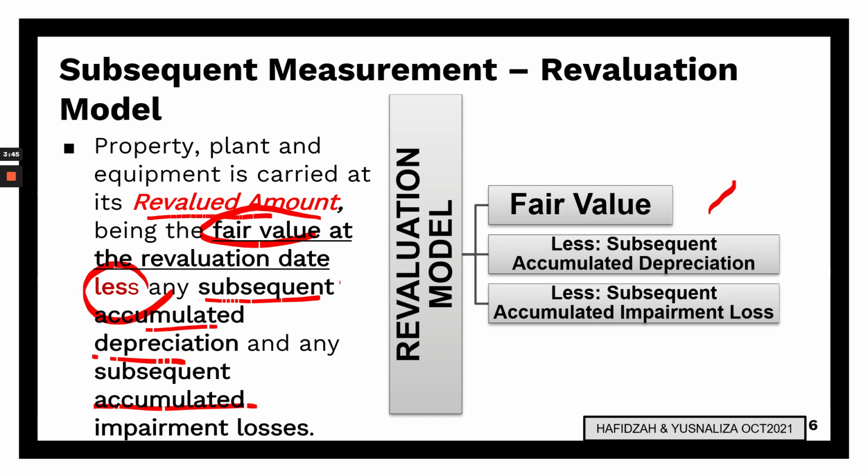So you have the fair value, which should be deducted by the subsequent accumulated depreciation, meaning the depreciation after the fair value has been taken into consideration. All subsequent period depreciation will have to be deducted, as well as any subsequent accumulated impairment loss. As I said, this will not be in our discussion.